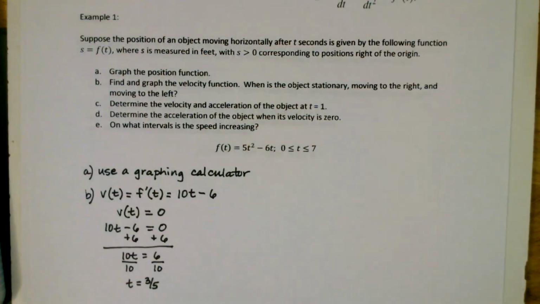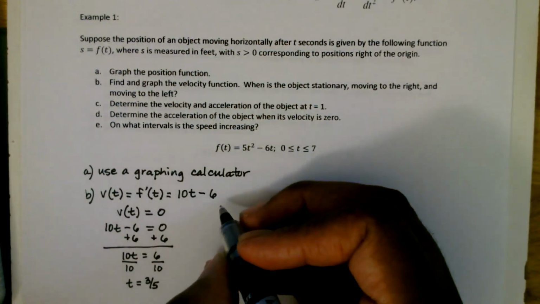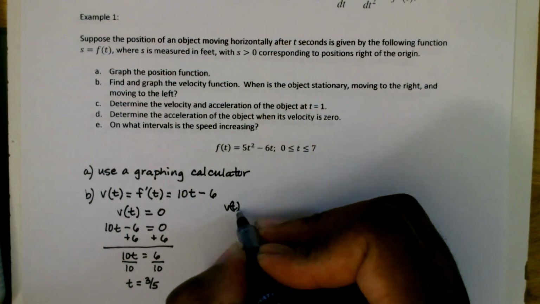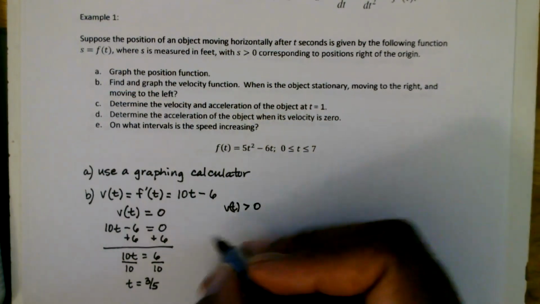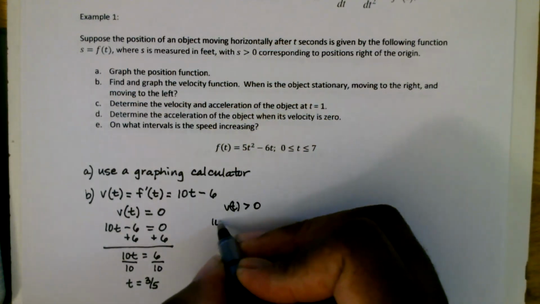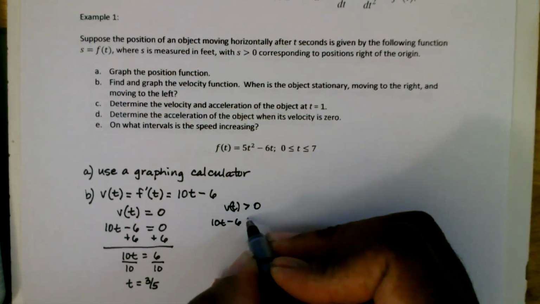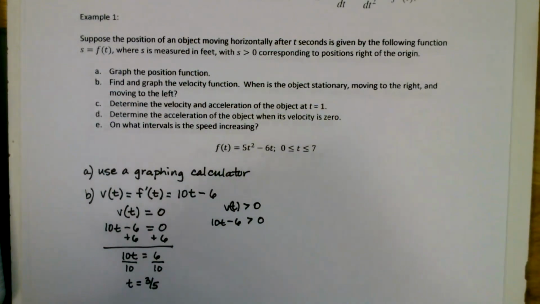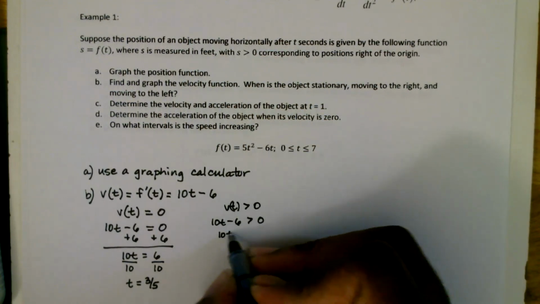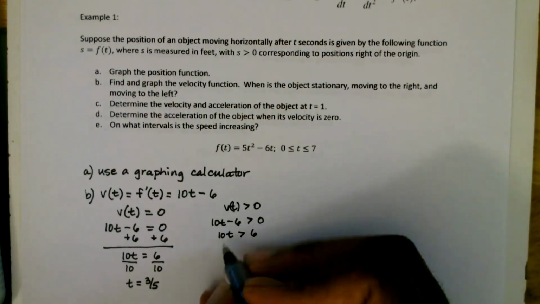Now, what about moving to the right? Well, that means that v of t will have to be greater than 0. So 10t minus 6 will have to be greater than 0. If I get 10t by itself, that means 10t is greater than 6.